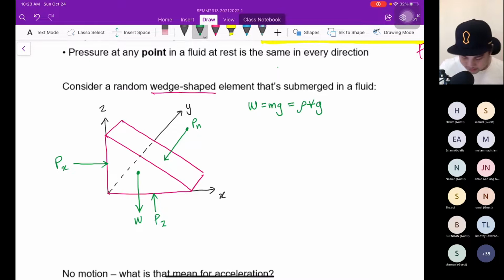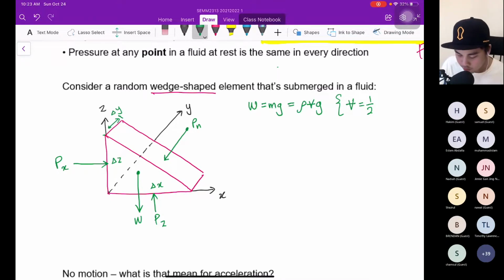In here, how to calculate the volume? The volume of the wedge is half multiplied by, let's say this is delta z, from here to here delta x, and from here to here delta y.